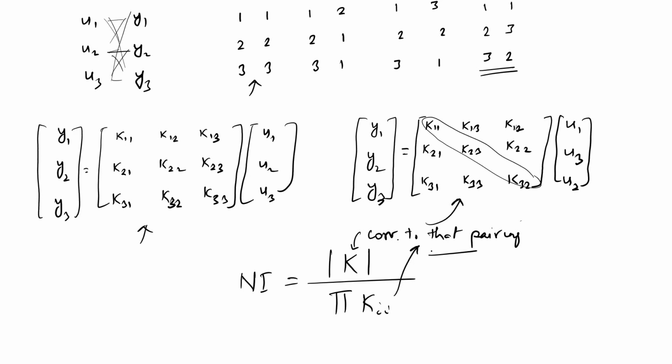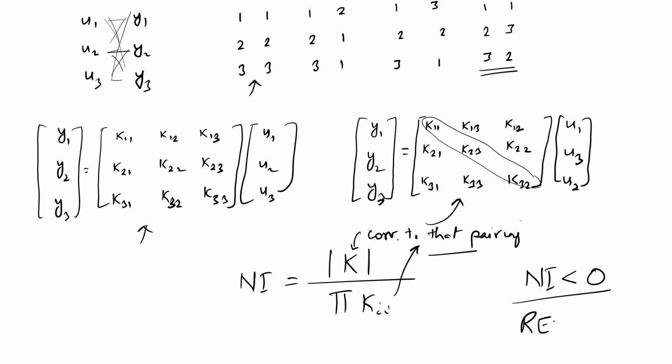Okay, and therefore if you have, for example, 4 pairings, you will see that the diagonally dominant pairings have a Niederlinsky index that is greater than 0, whereas the diagonally non-dominant pairings have a Niederlinsky index that is less than 0. Those that have a Niederlinsky index less than 0 are guaranteed unstable, rejected.